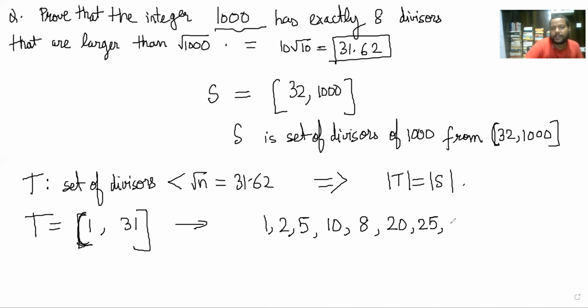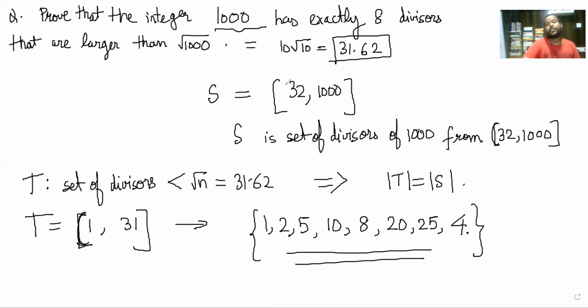No, 16 won't be a factor. Oh, we have missed 4, obviously. 4 is a factor. So we have finished our search and there are no more factors left. And it is much easier to count divisors from 1 to 31 rather than from 32 to 1000, right? So that is an application of the previous principle.